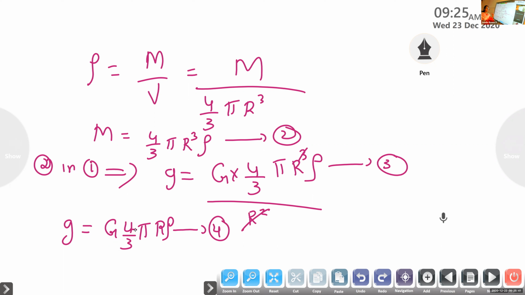So this is the g in terms of density. Suppose you don't know the mass. If you know the density and radius, you can find out the acceleration due to gravity, 9.8, like this. You will get the same answer, 9.8, if you substitute in this equation. Okay. So next line.